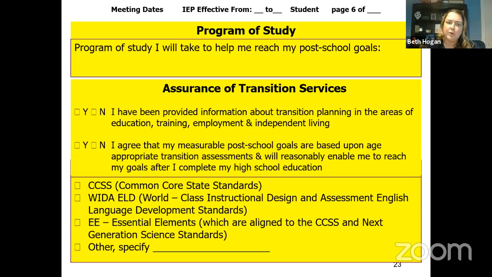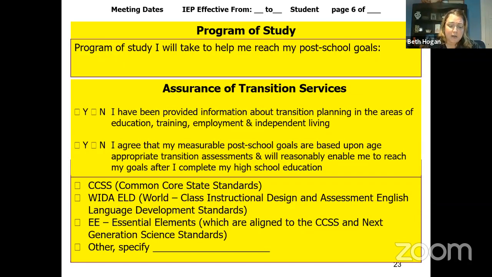This is just a really great place for parents to stop and say, okay, have I received this information? And if I haven't received this information, it's time to pump the brakes and go back and make sure that that process is being started and you are going through those steps that Anne walked you through at the beginning.